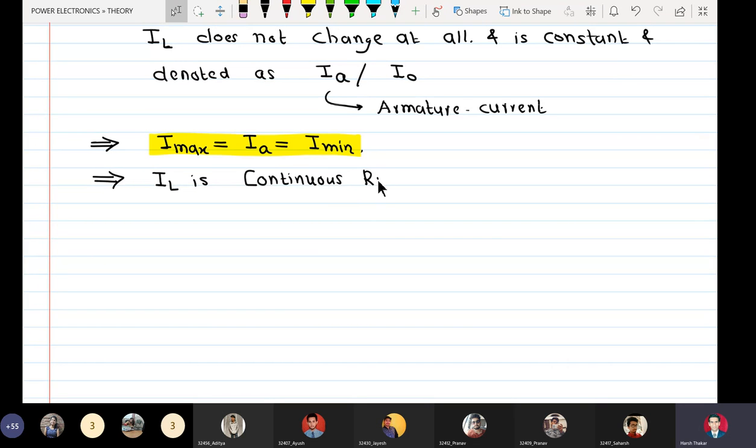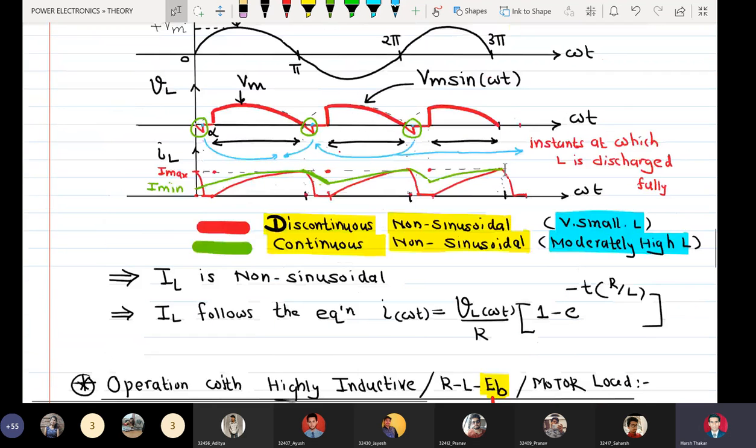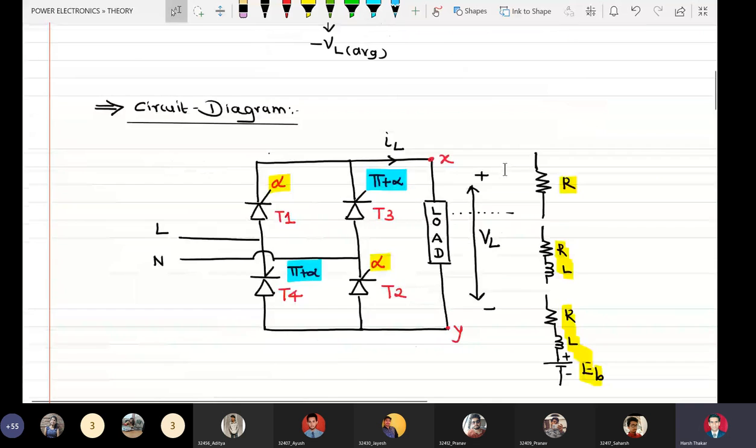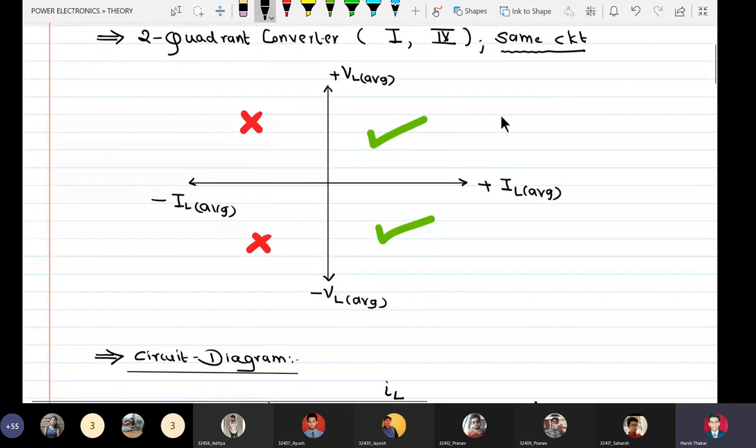It is continuous ripple free current. So now current is equal to plus IA, so automatically it is fourth quadrant operation. When the current is positive, there is a possibility that it is either a first quadrant operation or fourth quadrant operation.